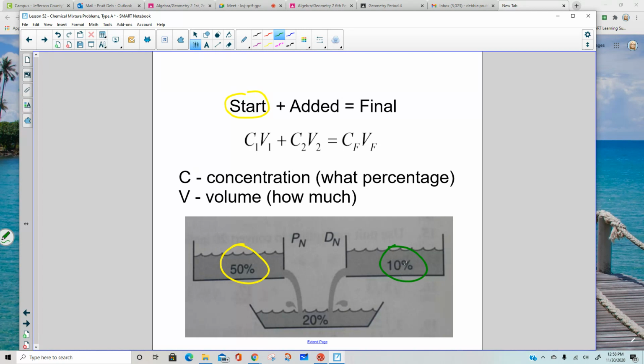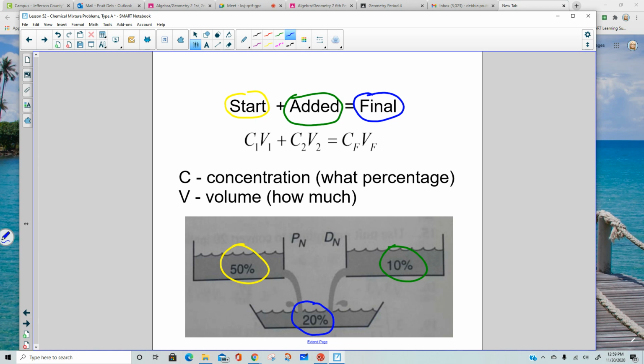I'm going to mix them together, so that's what I'm adding, the green. My final solution is going to have a different concentration than either of what I started with. So that's my final solution.